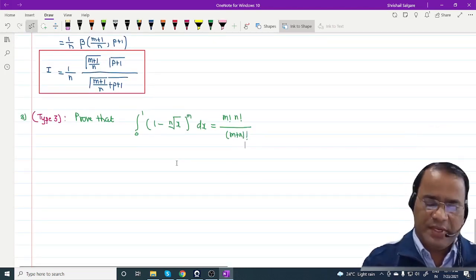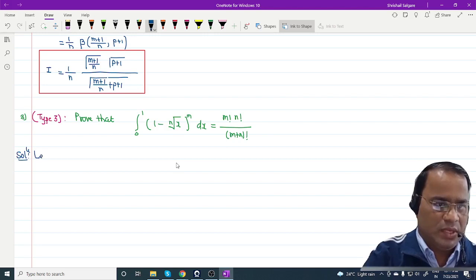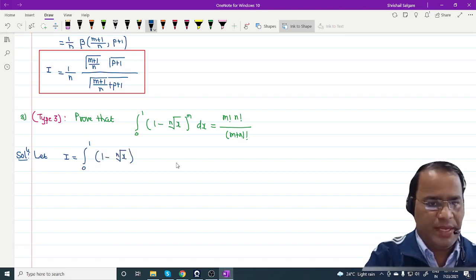Now can anyone guess what the substitution is? Meanwhile I will write the integral. So let I be the integral 0 to 1 of 1 minus nth root of x. Our target is to obtain 1 minus t raised to m dx. So what is your substitution?